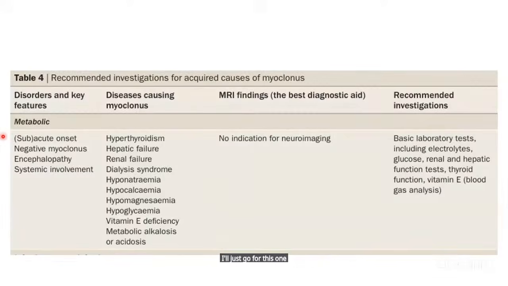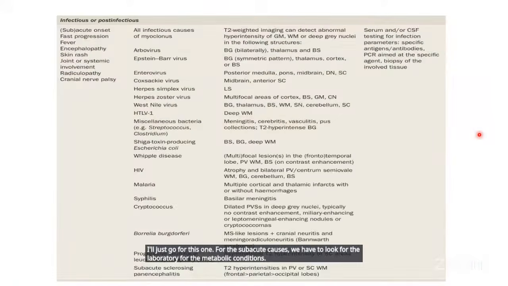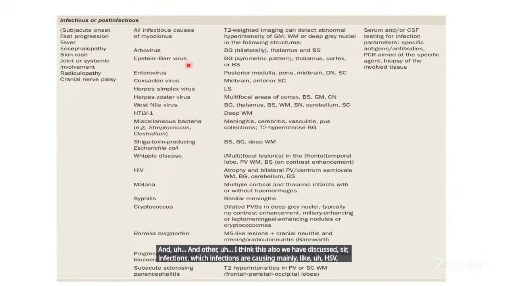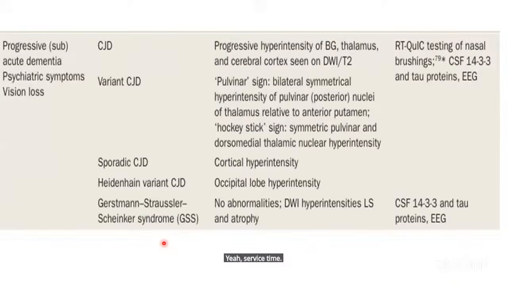For the subacute causes, we have to look at laboratory tests for metabolic conditions and infections, which we have also discussed, like HSV, herpes zoster, Epstein-Barr virus, HIV, malaria, syphilis, cryptococcus, and gonorrhea, and CJD.